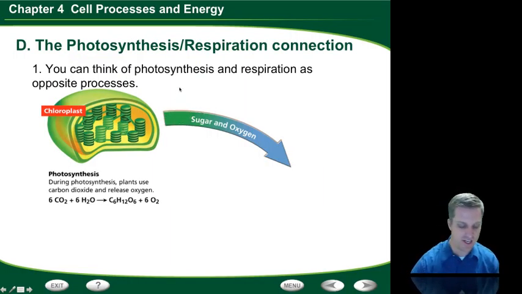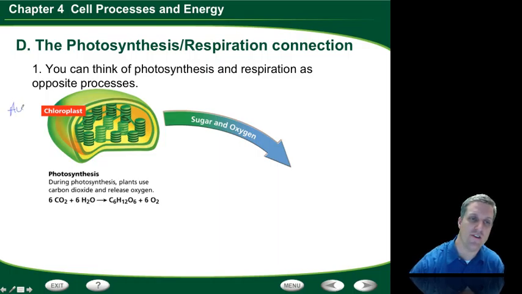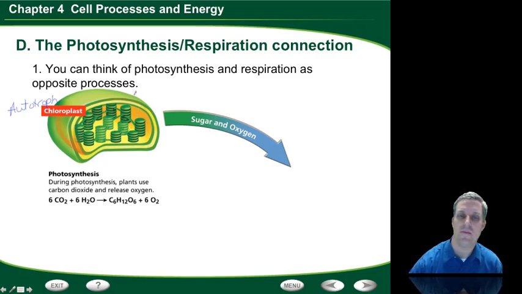Now, let's look at the connection between the two. Think of photosynthesis and respiration as opposites. In photosynthesis, in the chloroplast of plant cells, which are autotrophs, meaning they make their own food, the sun's energy shines down and gets absorbed by the pigment chlorophyll.